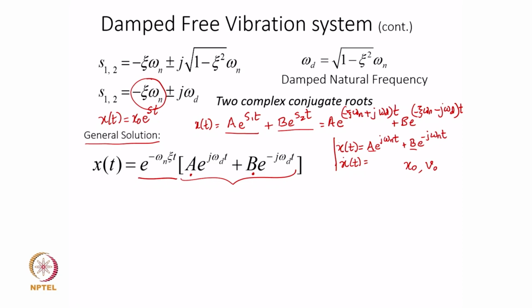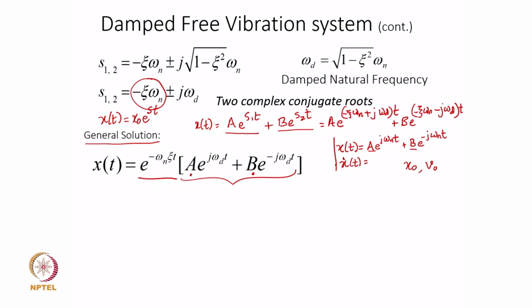The way we did for the undamped case, you can take the derivative of x of t, get an expression for x dot, and then substitute t equal to 0: x at t equal to 0 will be x naught, x dot at t equal to 0 will be v naught, and then you can solve those two equations to arrive at the expressions for A and B. It is a simple mathematical exercise for you.